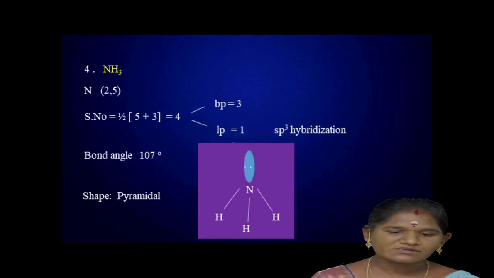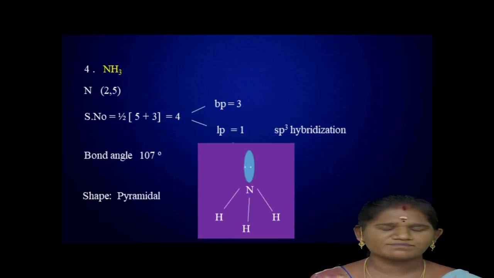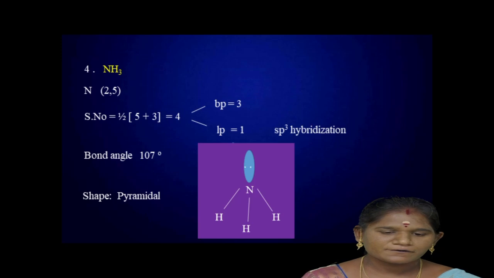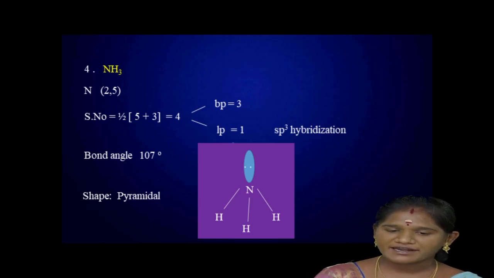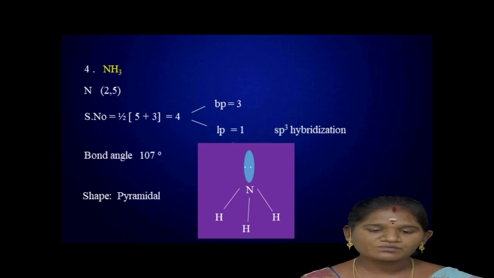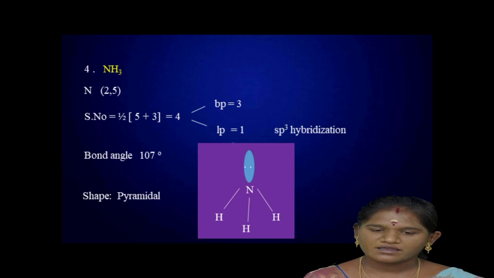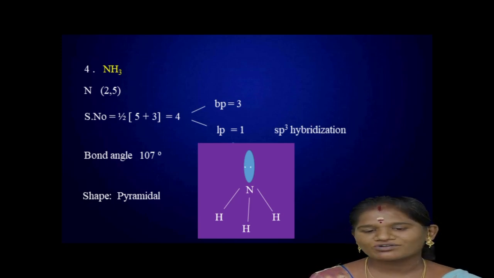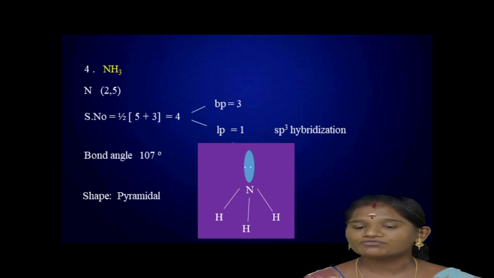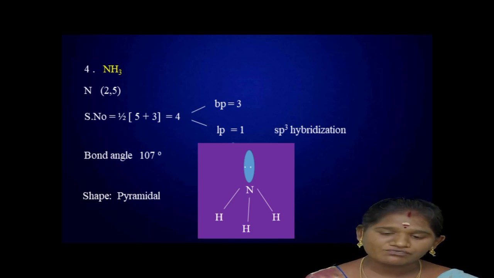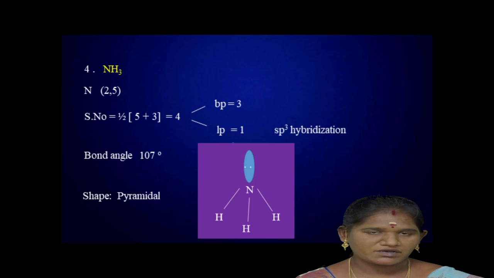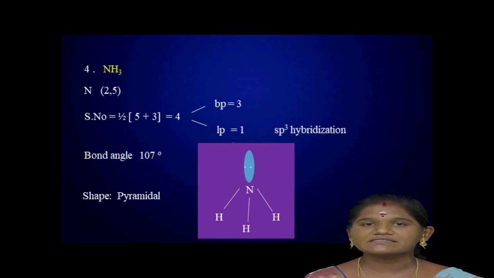The next molecule is NH3. It is a very important molecule. The electronic configuration of nitrogen is 2, 5. The steric number is equal to half into valence electrons of nitrogen, which is 5, plus the number of atoms attached by sigma bonds, which is 3. So the total is 4. The steric number is equal to 4. If the steric number is 4, we predict the hybridization as sp3.